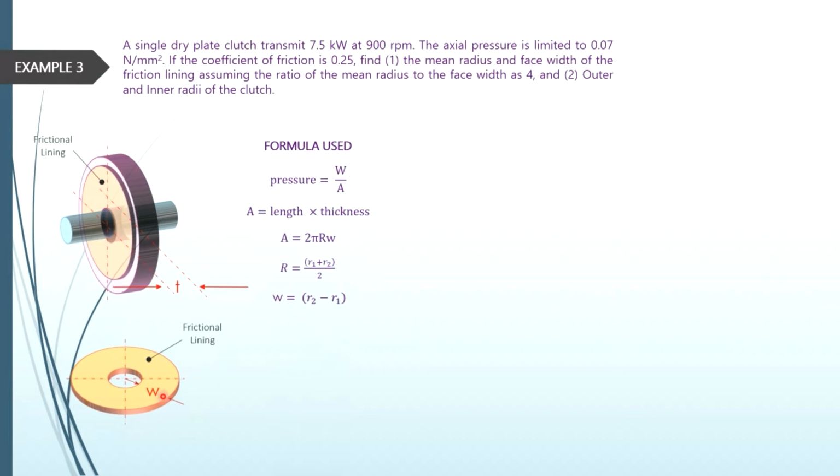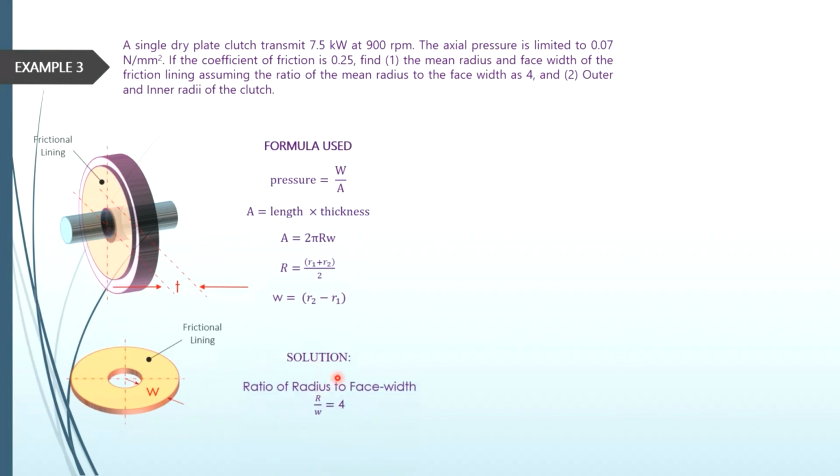The width here can be found by taking the outer radius, from the center to this point, and then from the center to this point as the inner radius. So to find the face width, you take R2 minus R1, the outer radius minus the inner radius.